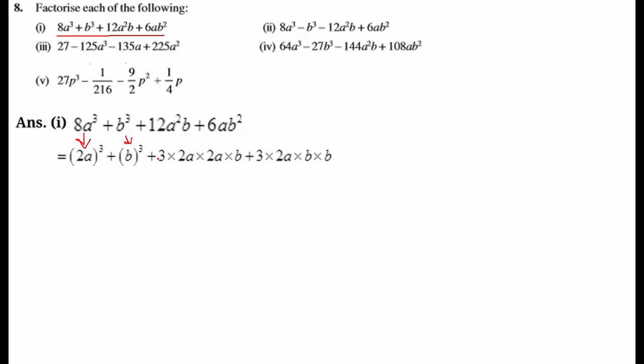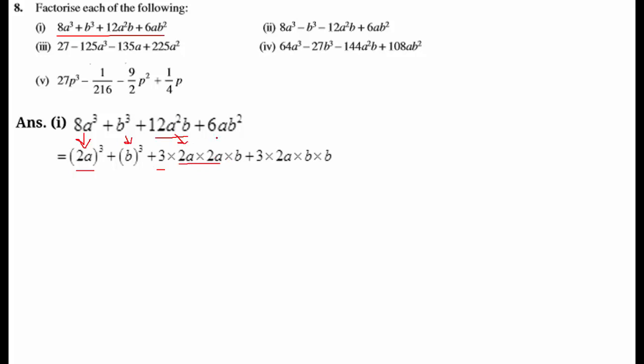Now this 12a²b can be written as 3 into (2a) into (2a) into b. On multiplying, we will get 12a²b, meaning this can be written as this.